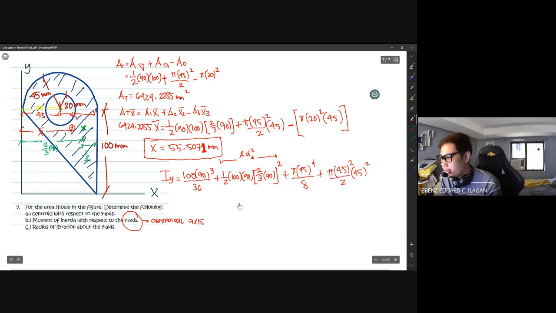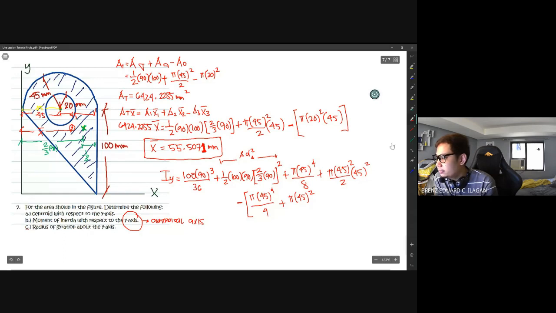And then last, para doon sa circle, yung butas, so minus siya. Ano nga yung formula natin for a circular section? Ano yung nasa table nyo? So para sa circle, that is pi r to the fourth over 4. Tama ba? So pi 45 raised to 4 over 4, and then plus area na pi r squared, so pi 45 squared.